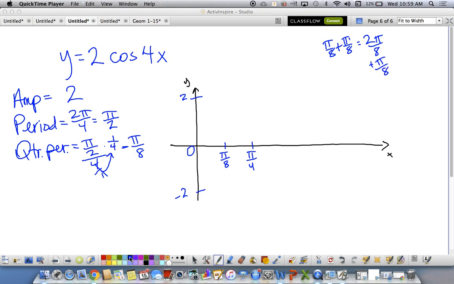Do you see what I do over here on my little scratch? I don't reduce over here, because then I don't have to go back and get common denominators again. So 2 pi over 8 plus pi over 8, 3 pi over 8, plus pi over 8 equals 4 pi over 8, which is pi over 2, which is our period.